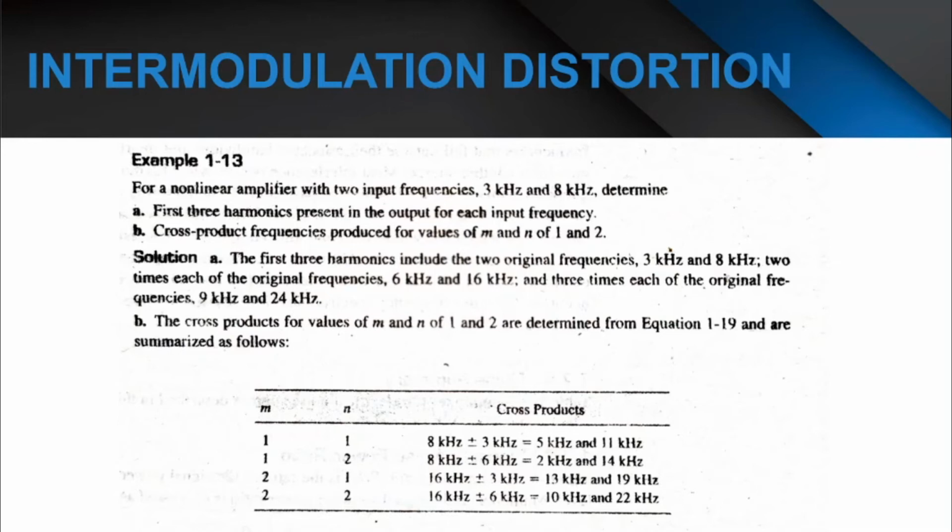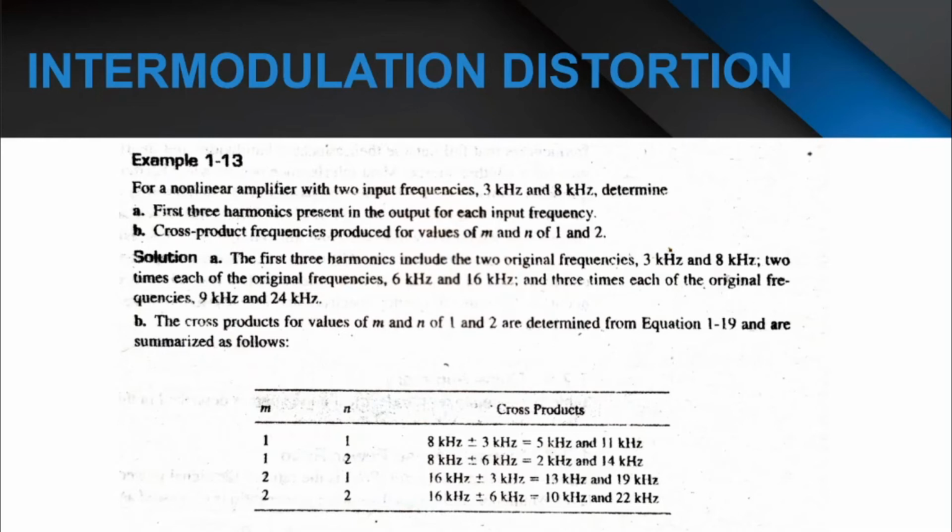So for the solution for A, the first 3 harmonics include the two original frequencies, which is 3 kHz and 8 kHz. 2 times each of the original frequencies will get 6 kHz and 16 kHz, and 3 times each of the original frequencies are 9 kHz and 24 kHz, because ang hinahanap natin dito ay first 3 harmonics present in the output of each input frequency.